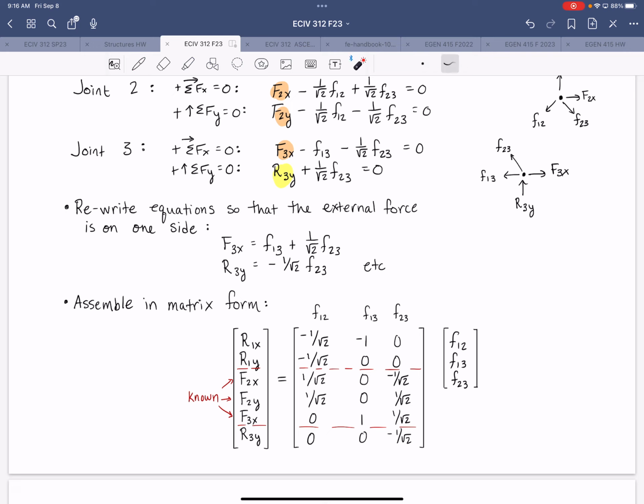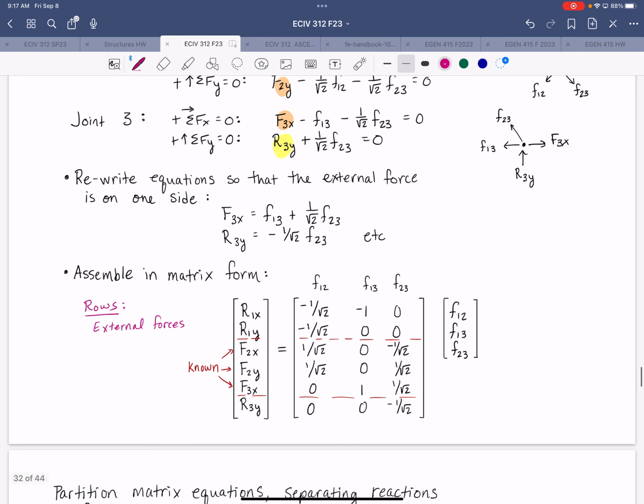So this is what this truss would look like in matrix form, where every row is one equation. Those represent the external forces. There's always going to be 2 times the number of joints rows, so 2J rows.